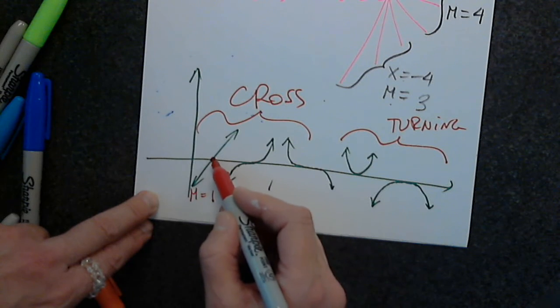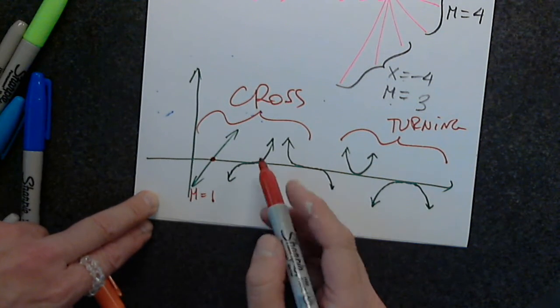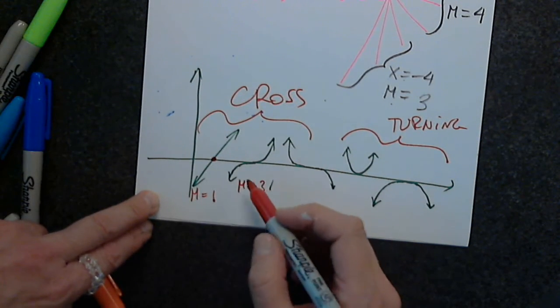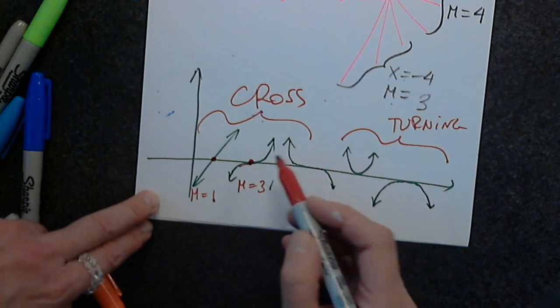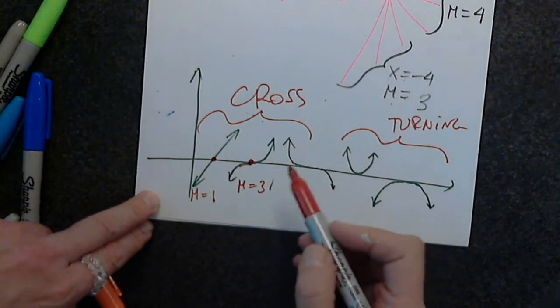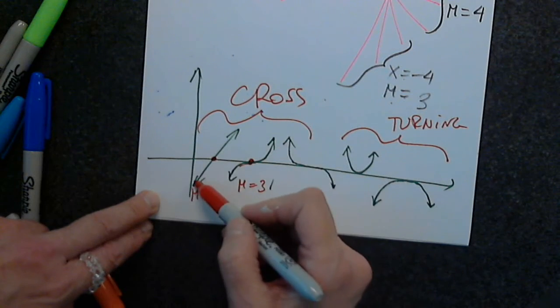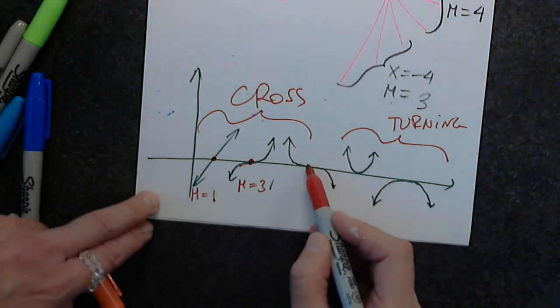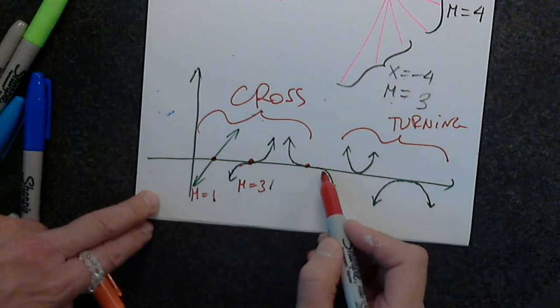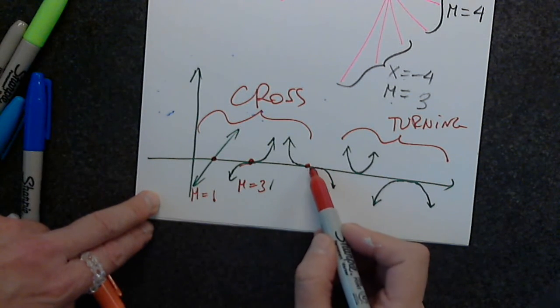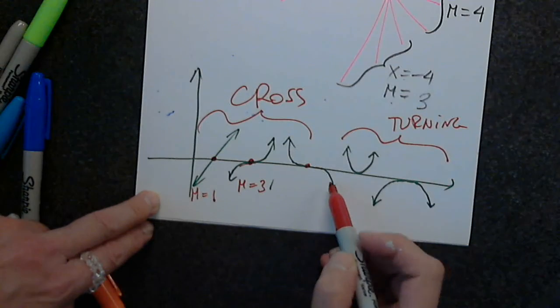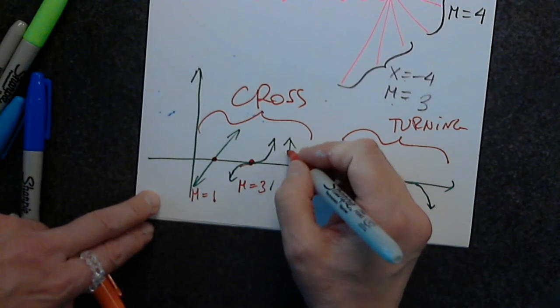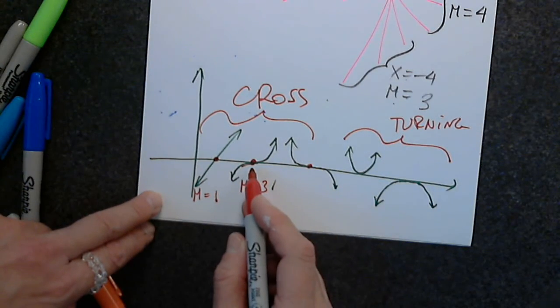So here is a multiplicity 1. Normal cross. Here it's a multiplicity 3. It takes its time. There is only one cross, but it takes its time. It's not in a rush to cross. Here it takes even longer to cross. It moves away from the x-axis very slowly, much slower than this.